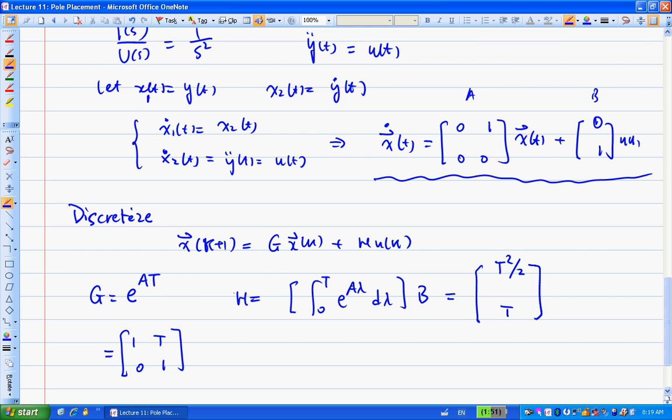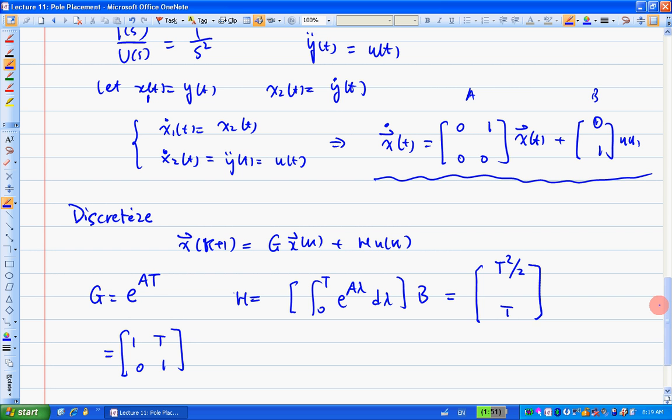Now the next step is we're going to design a digital controller based on this discretized model. See the process here, right? We're not designing a continuous controller and then discretizing it. Basically, we design a digital controller based on the discretized model.